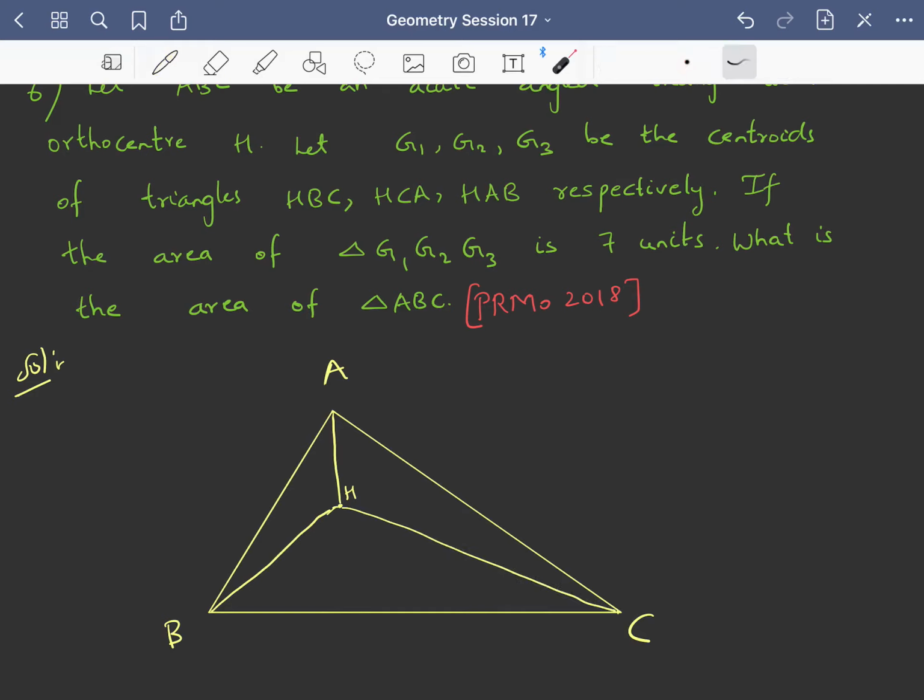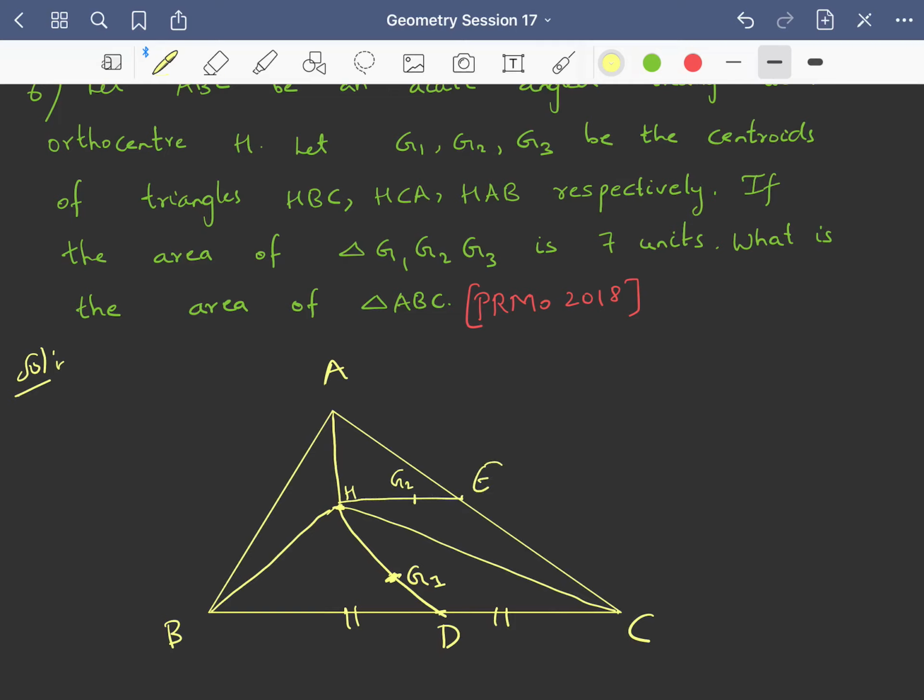Now G1, G2, G3 are the centroids of triangles HBC, HCA and HAB. Since this is the centroid, it will lie on the median, right? Let us say this is the midpoint D. HD is the median, so G1 will be somewhere here. Similarly, if I draw the median here, G2 would be somewhere here.